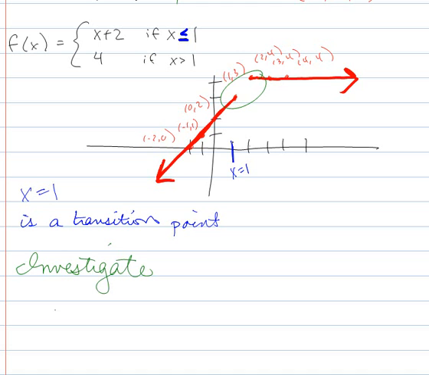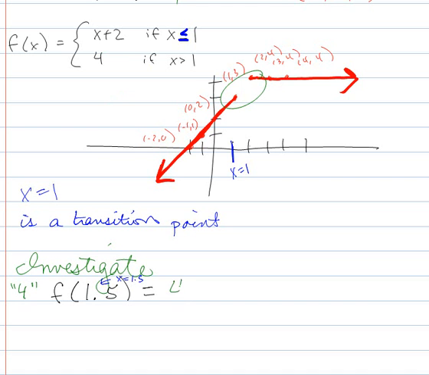So what if I asked you for f of 1.5? Go in here and say, okay, well, x is 1.5. If I look up here in my function, that means I'm in the second part. So that means I'm in the 4 section.